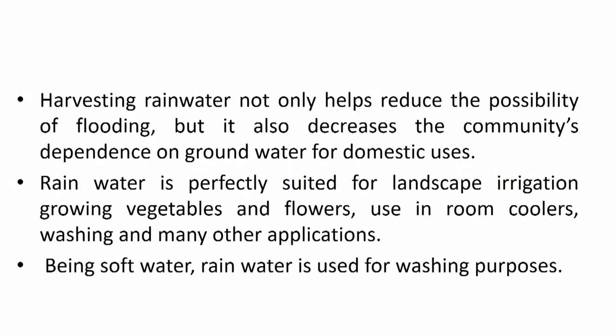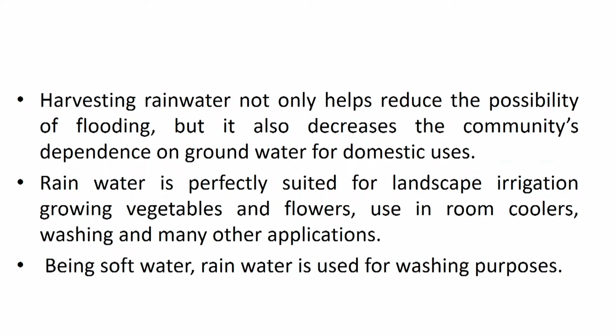While many people may not realize it, a few centimeters of annual rainfall is a valuable source. Harvesting rainwater not only helps reduce the possibility of flooding, but it also decreases the community's dependence on groundwater for domestic use. Rainwater is perfectly suited for landscape irrigation, growing vegetables and flowers, use in room coolers, washing and many other applications.